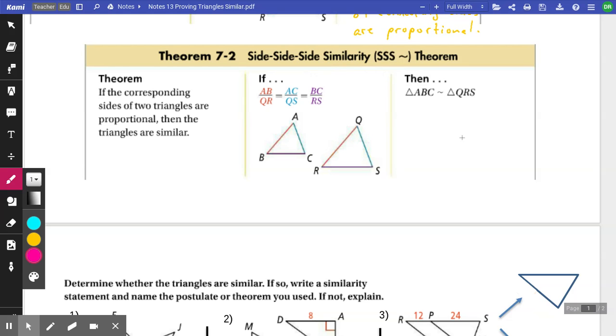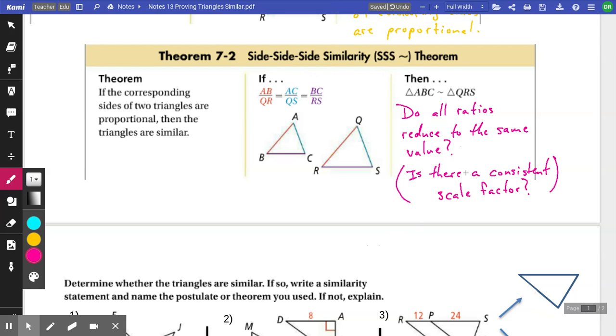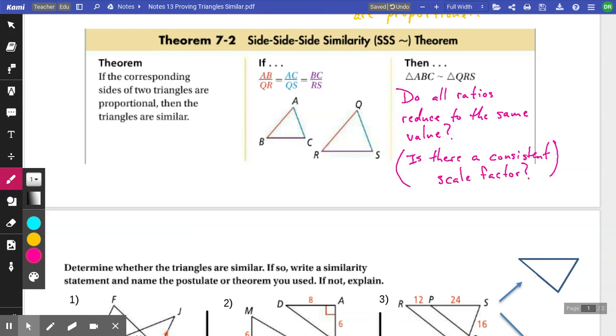And we can check that fairly quickly. So we set up those fractions. We check, do all ratios reduce to the same value? And what we're trying to determine from that is there a consistent scale factor going from one to the other? Because if we're going to double the size of the shape, that means we'd have to multiply all of the sides by 2, just for example. Okay, and those are the 3 theorems.